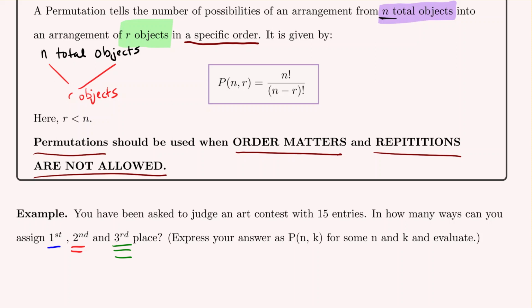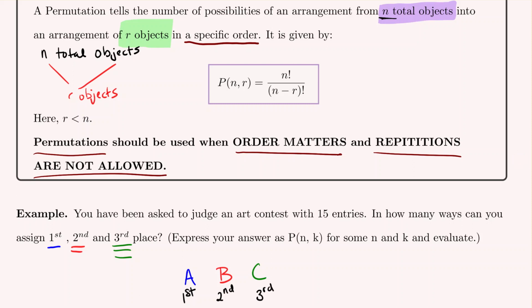The second artwork that we pick will be assigned second place. The third artwork that we pick will be assigned third place. So the order that we pick follows along with the order in the ranking. So order matters because if I had artwork A picked first, then artwork B, and then artwork C, the way we're thinking about this problem, that naturally means A gets first place, B gets second, C gets third.